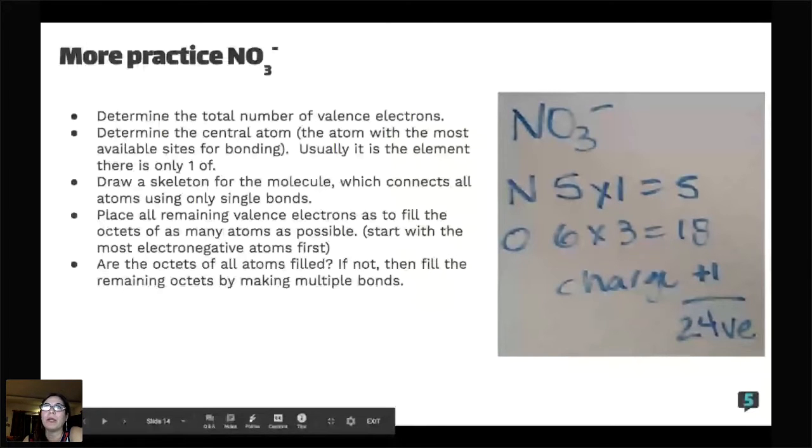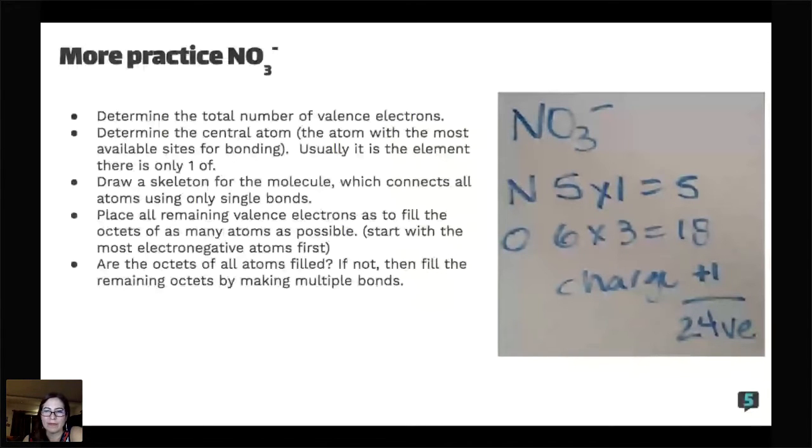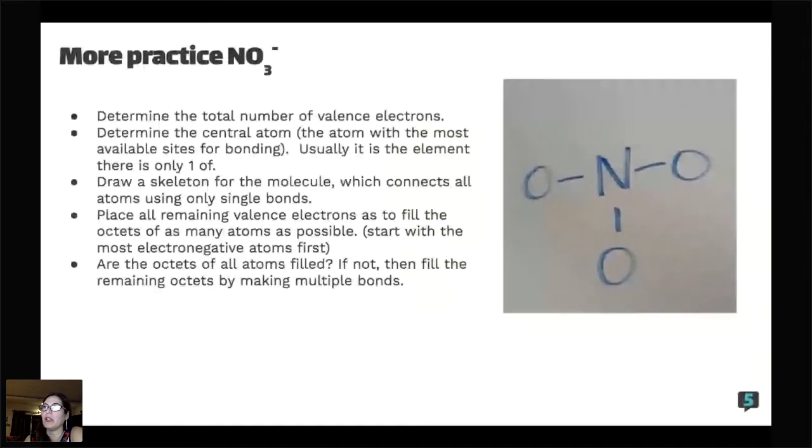Now, who can tell me which one is the central atom? Nitrogen, excellent. So we do the skeleton for the molecule. How many electrons do we have so far in this skeleton? Correct. We have 6 so far.